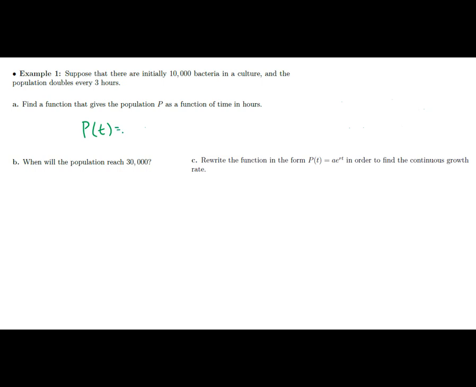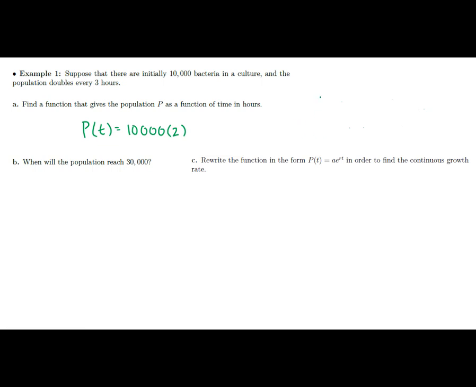t. And with exponential functions, we always start with our initial amount here, right? Now, since we're doubling every 3 hours, one way to think this through would be to say, every so often, I want to double my initial population.